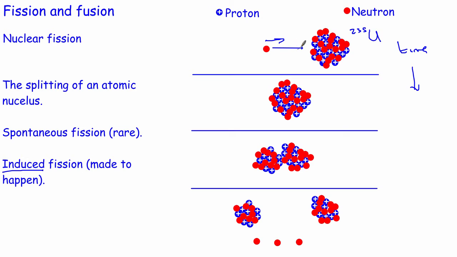The neutron moves fairly slowly towards it and gets absorbed by the nucleus. It doesn't smash the thing apart. So now we've ended up with a bigger nucleus, uranium-236, which is even more unstable than uranium-235.